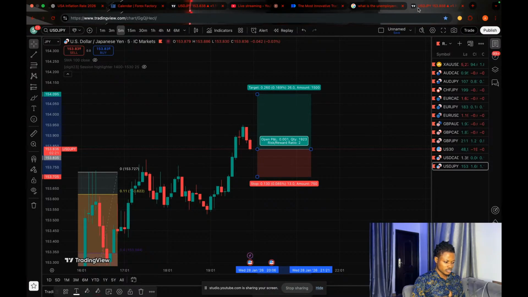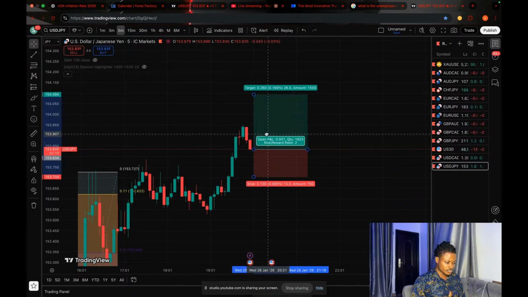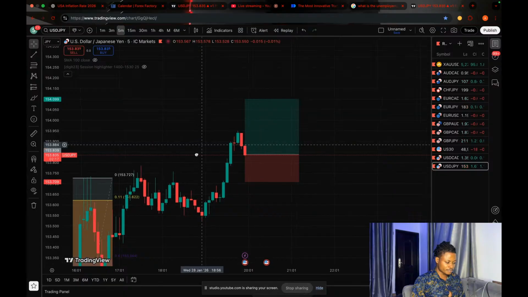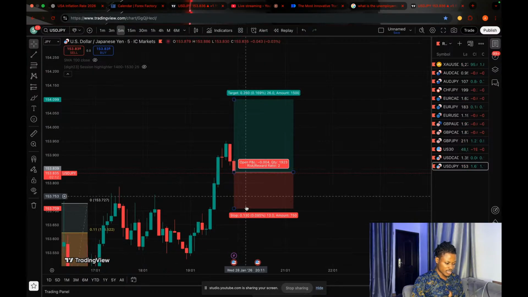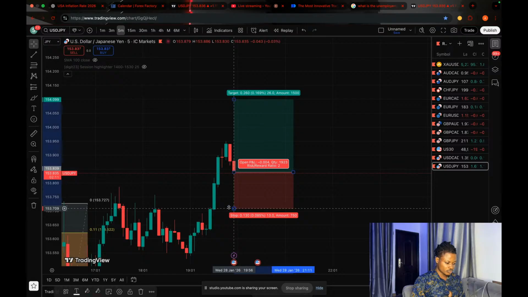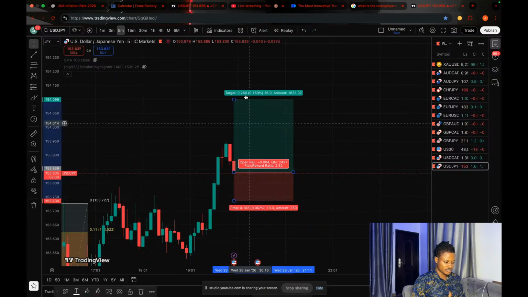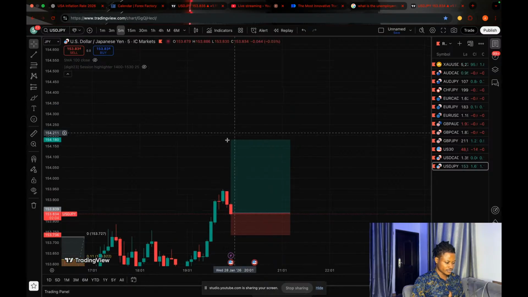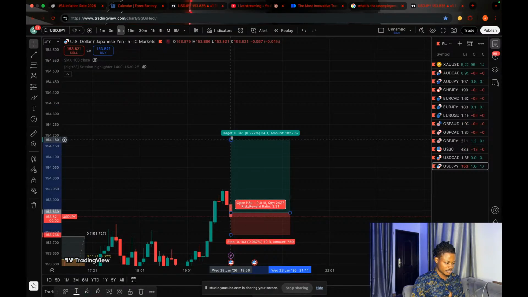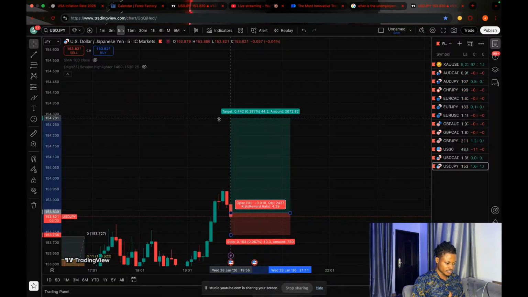Your stop loss will be 10 pips, and your TP would be 40 pips. Stop loss 10 pips, TP 40 pips.